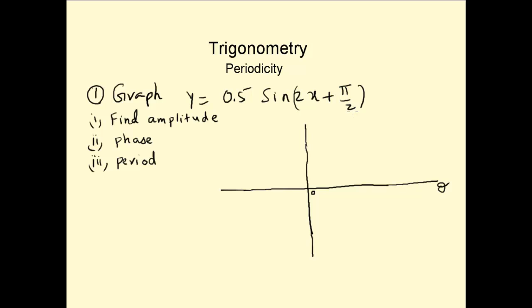Let's forget about the pi by 2 there. Let's take a different color and plot y equal to 0.5 sine 2x. Sine 2x starts from the origin, as we know. It's steeper, comes down, again steeper, comes down.